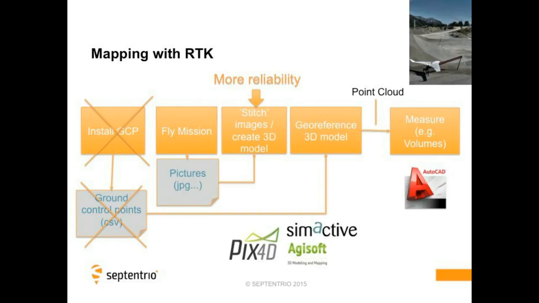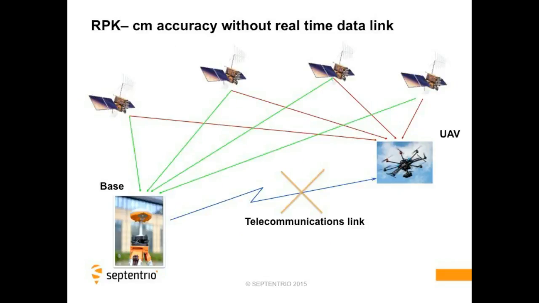Now, the disadvantage of using RTK is that a constant real-time data stream is required between a fixed station on the ground and the UAV. And this telecom link proves to be unreliable quite often. The mapping process obviously depends critically on the link, so this is a problem in this approach.